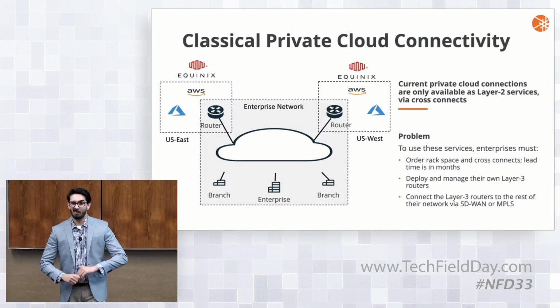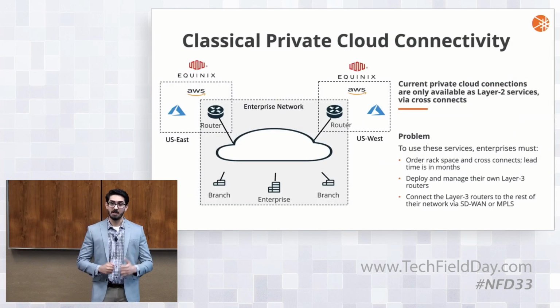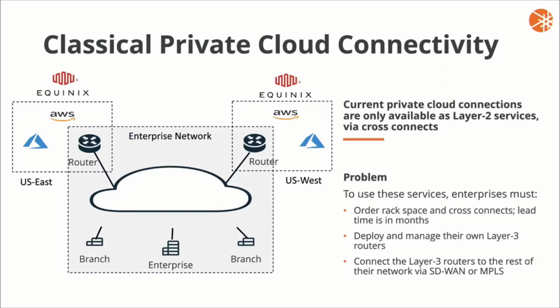If we explore what this private connectivity into the public cloud looks like, there's a lot of providers who offer this kind of service, but they're all layer 2 services. This means it's on you to make sure you get colo rack space, you get hardware, you're going to get a cross connect, you're going to go deploy it. There's going to be a lead time of 90 days to much longer than that.